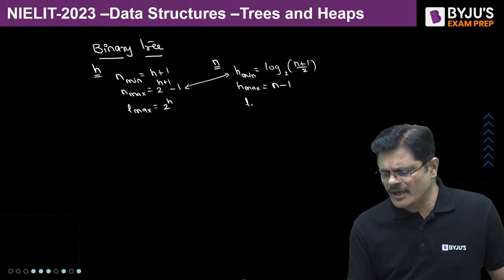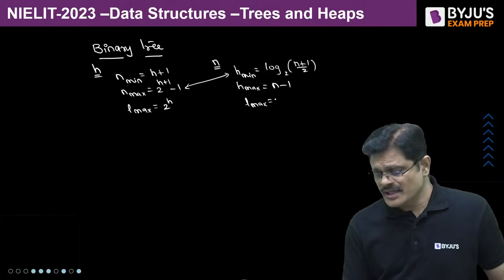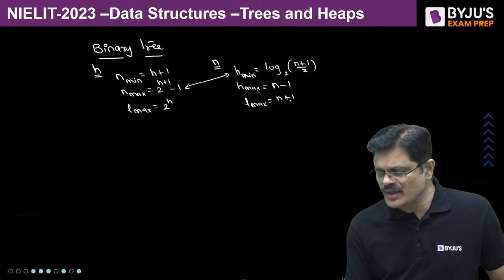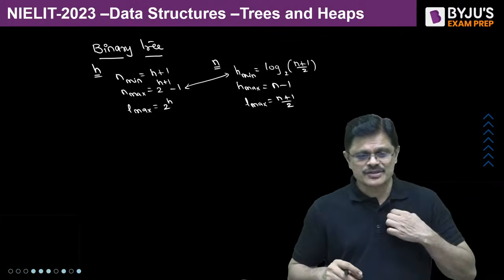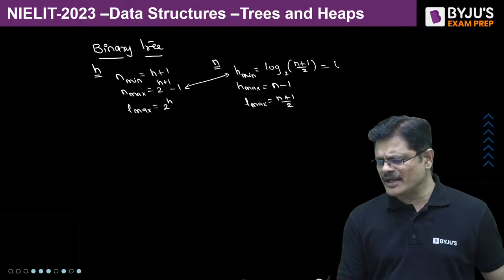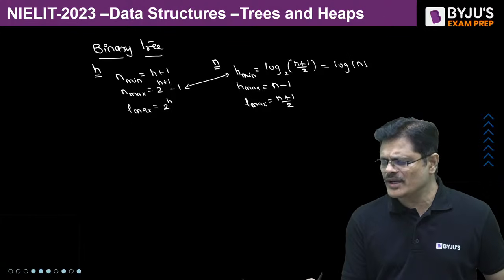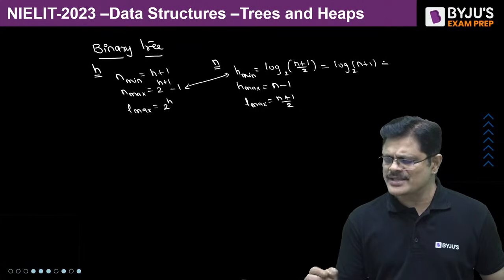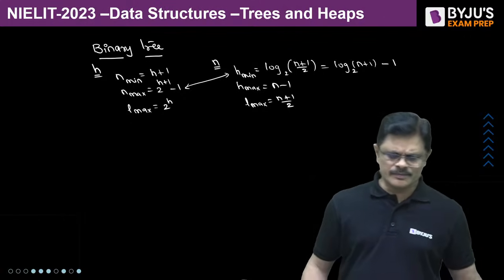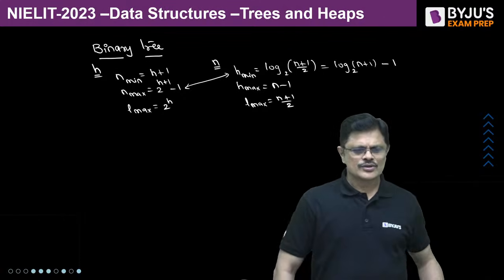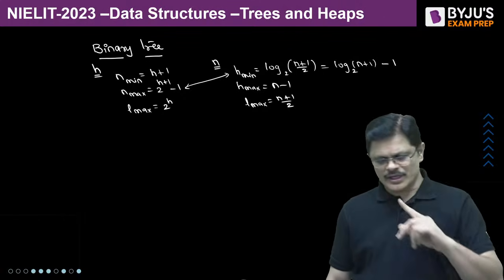And for a given number of nodes, the maximum number of leaf nodes is given by n plus 1 by 2, where n is the total number of nodes. This also can be written as log of n plus 1 to the base 2 minus log 2 to the base 2, which is 1. So these are the standard results which I was talking about.